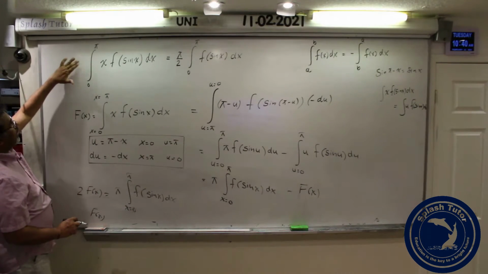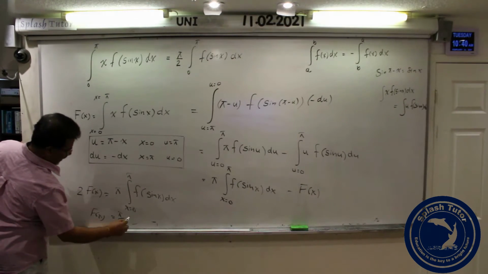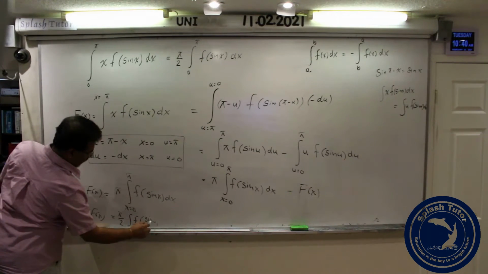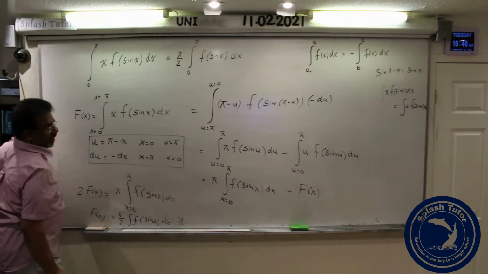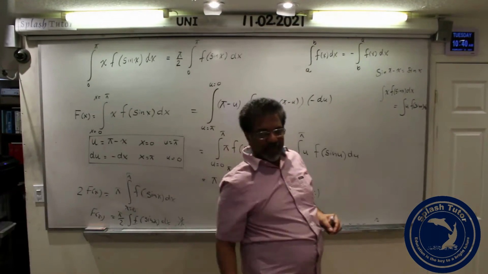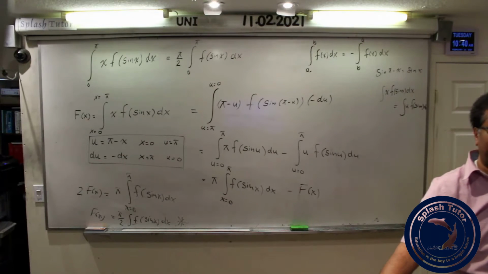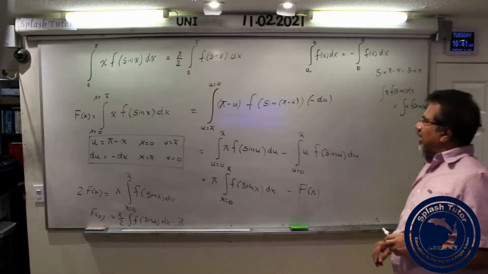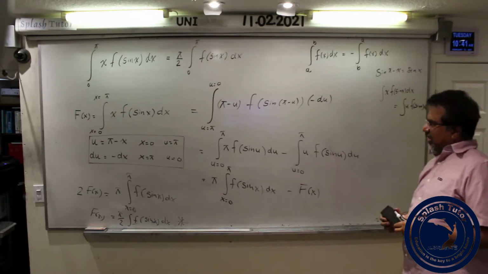This is my F(x) here: F(x) equals pi by 2 times the integral of f(sine x) dx, right? Yeah. Okay. So I didn't do any integration at all, right? Yeah. Good. Now that's for this part.